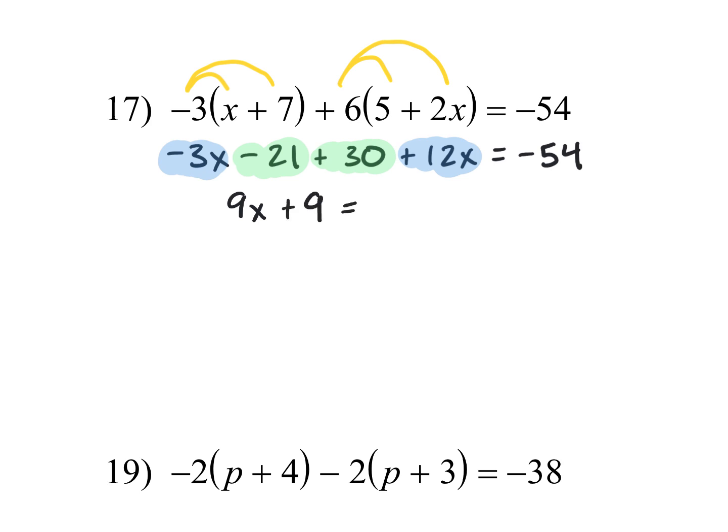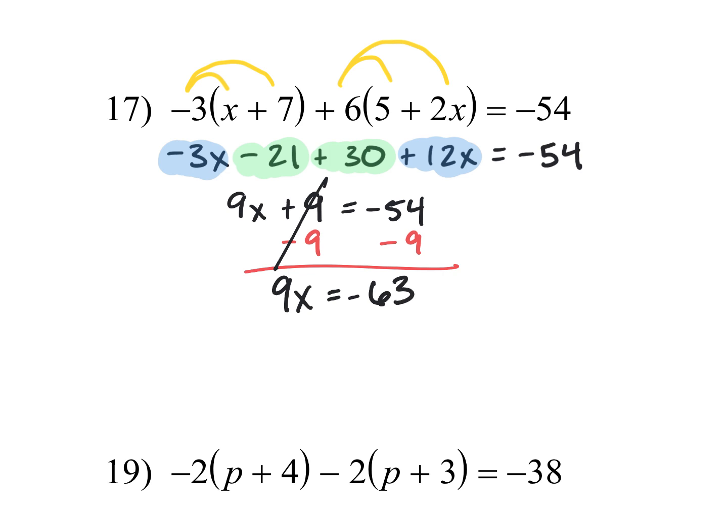And that is equal to -54. Well, now it's just, hey, before we can get x by itself, we got to get 9x by itself. So you have to undo adding 9, which means you subtract it. You get 9x is equal to -63.